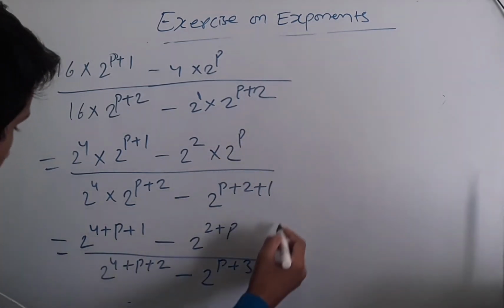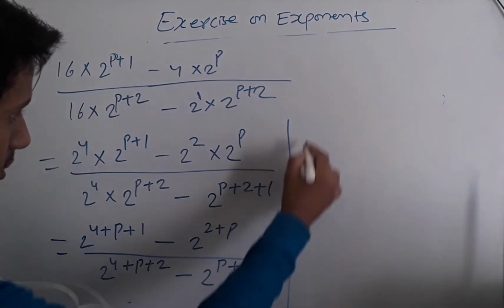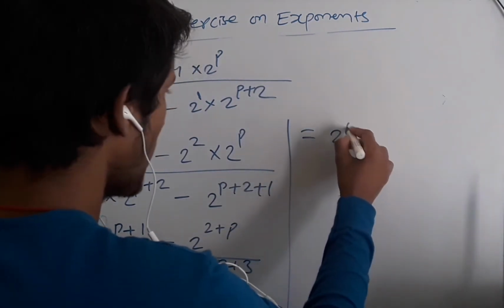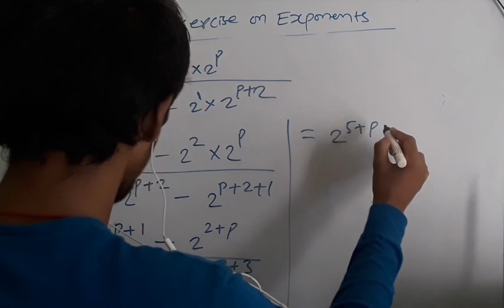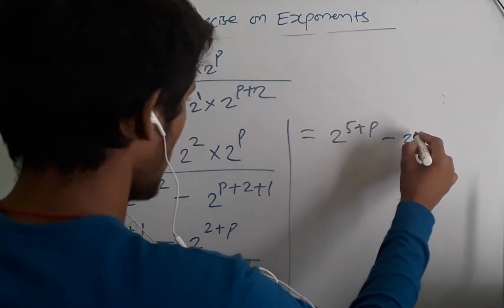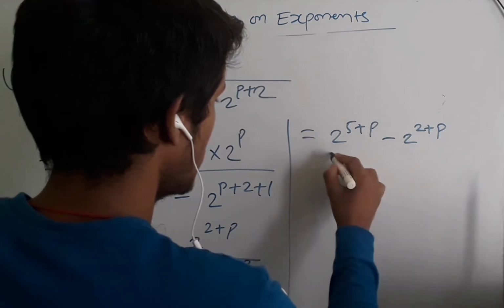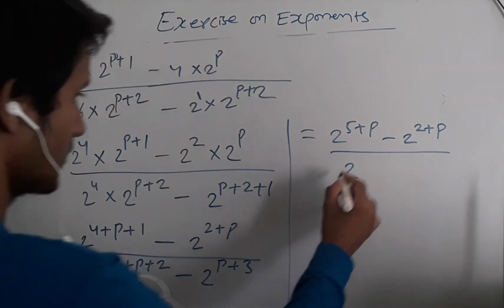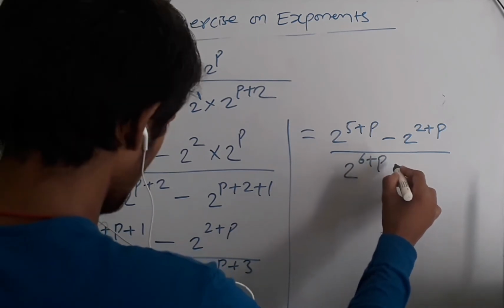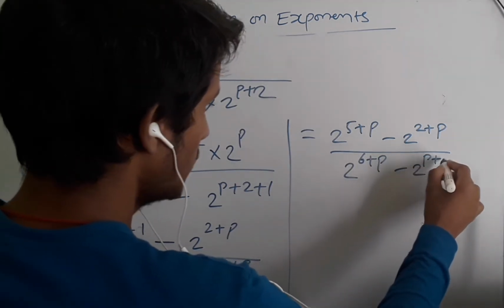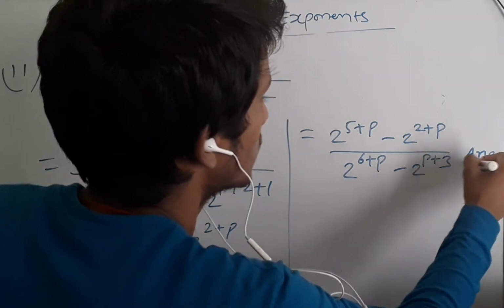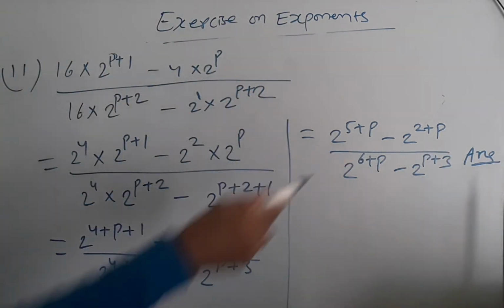Now solve this furthermore: 2 to the power 5 plus p minus 2 to the power 2 plus p, all divided by 2 to the power 6 plus p minus 2 to the power p plus 3. No, we cannot solve this further than this, and that's your answer, okay?